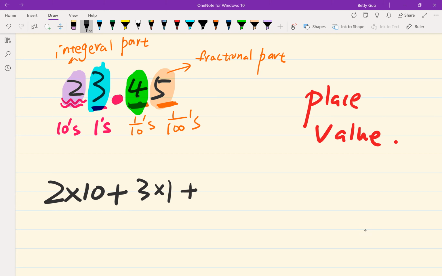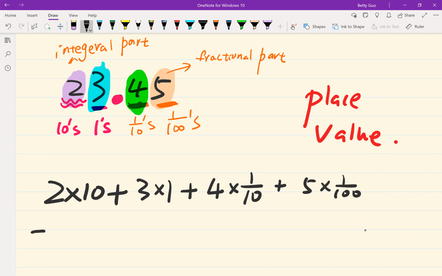To the right of the separator, in the green place, we have a 4. Place value is 1/10. So we have a 4 times 1/10. So 4 dimes. In the orange place value is 100th. We have 5 there, so we have 5 times 1/100. So that's how we represent a decimal as a fraction.